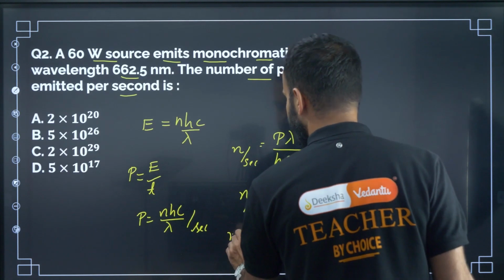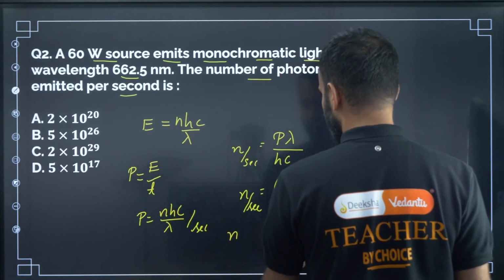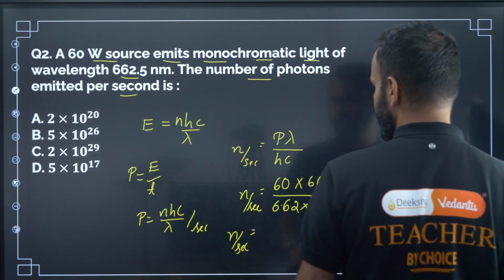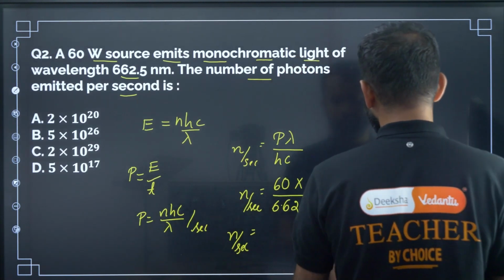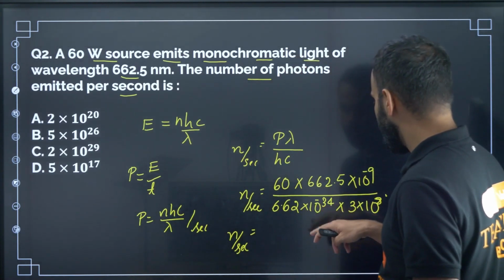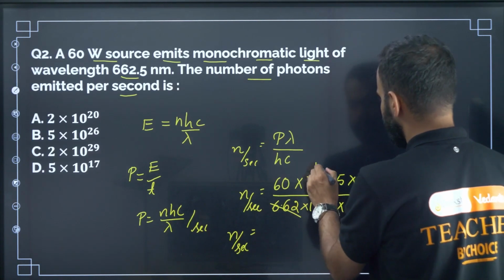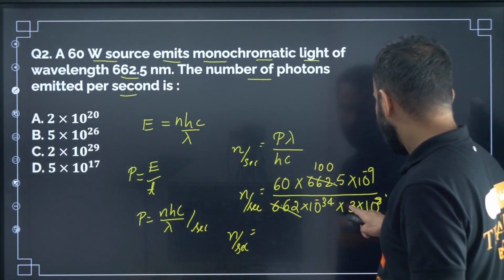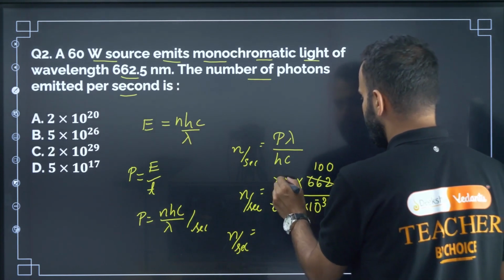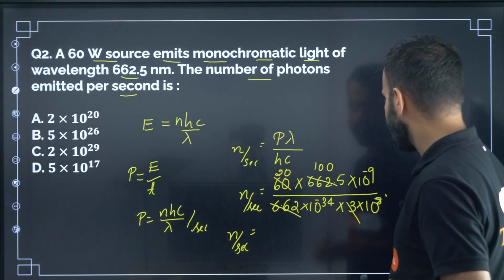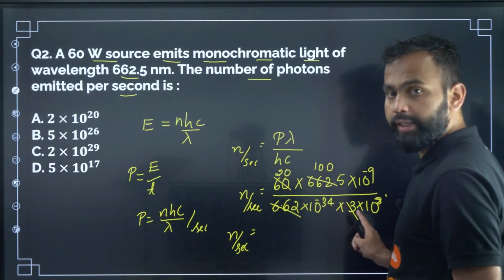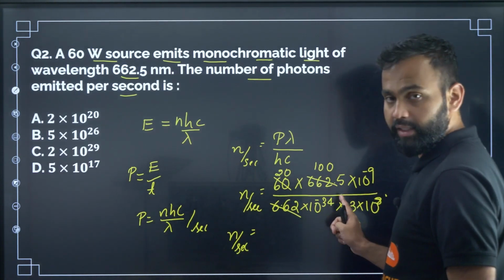So now n per second, that is the number of photons emitted per second, n equal to 10 to the power minus 9 times almost 100, and 3 twenties are 60. So 10 to the power minus 34 into 10 to the power 8 is 10 to the power minus 26.